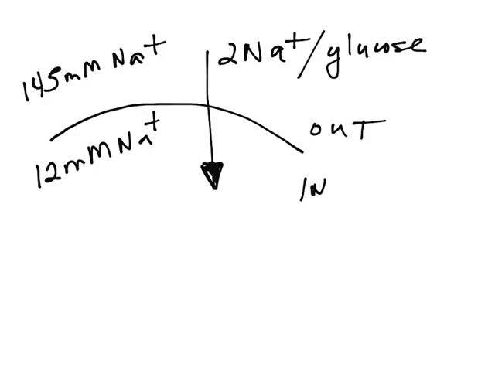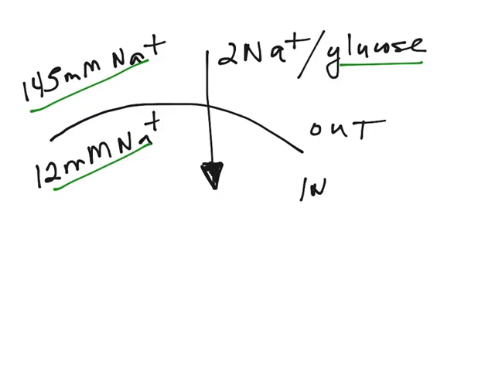Conceptually, if sodium is going to flow from a region of higher concentration to a region of lower concentration, that's going to reduce the electrochemical potential. So we're going to get that difference in energy that can then be harvested to drive glucose against its concentration gradient and bring lots of extra glucose into the cell.